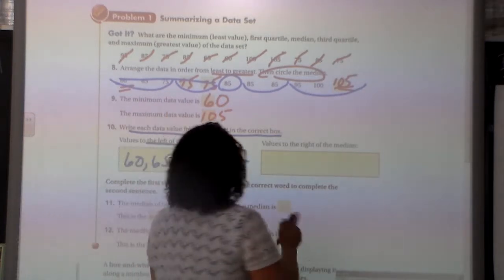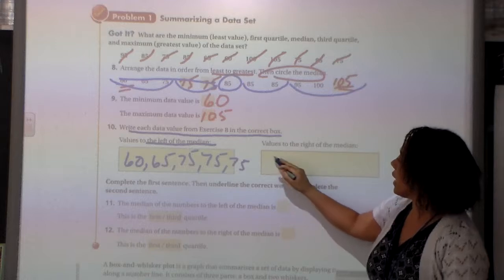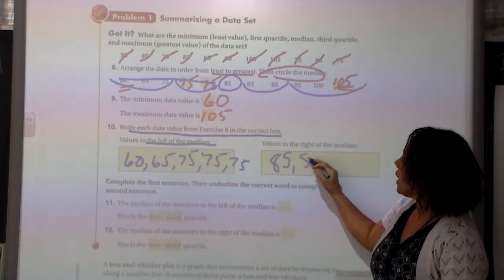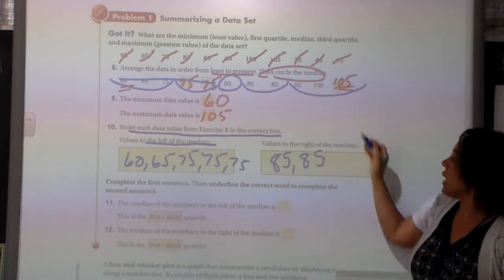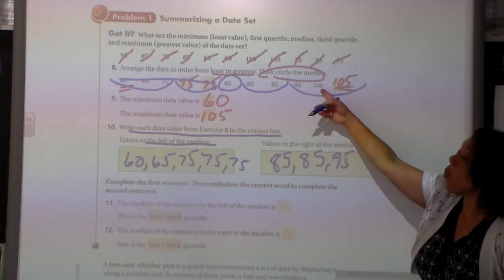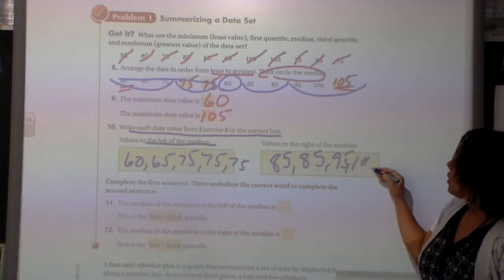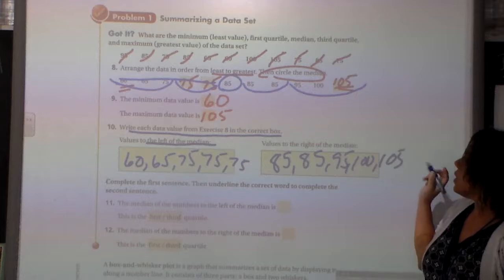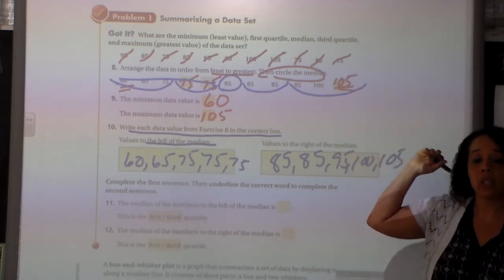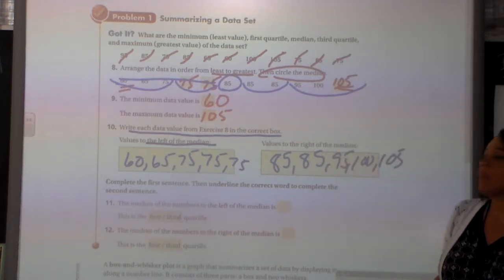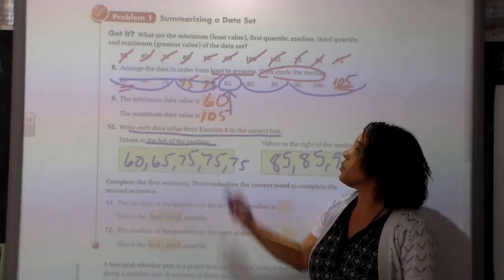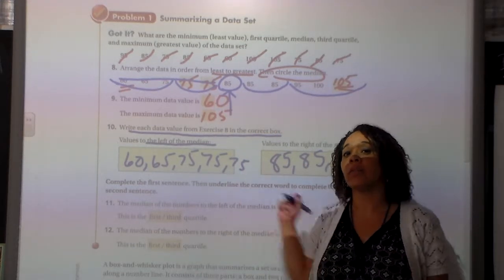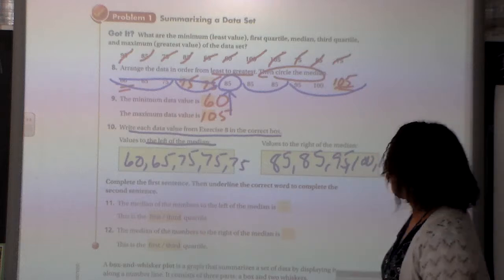And the values to the right of the median over here are 85, 85 again, 95, 100, and 105. So those are all the values to the right of the median. Notice we did not include the median in either one of those sets of information.